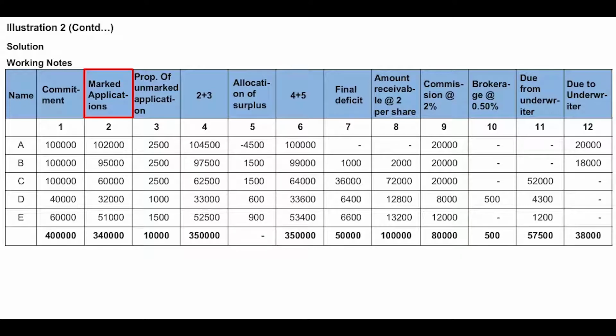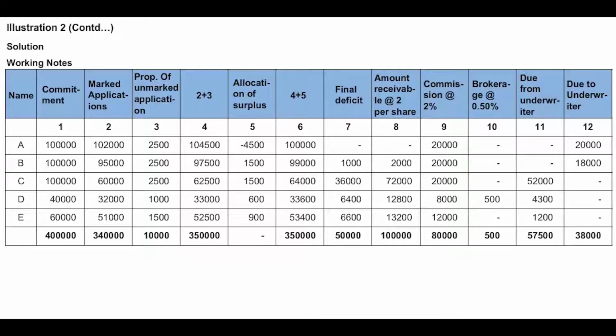Out of that, the marked applications are 1,02,000, 95,000, 60,000, 32,000 and 51,000. Now the unmarked application, as I already told you, is 10,000 and will be divided in the ratio of 25, 25, 25, 10 and 15. So accordingly, we have proportioned the unmarked applications.